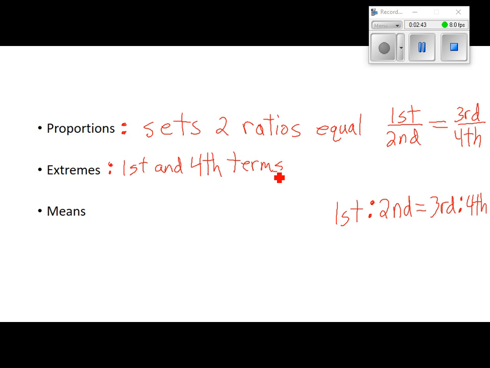First and fourth terms are called the extremes. And which terms do you think are the means? The middle. Second and third. So the first and the fourth are the extremes. The second and third are called the means.